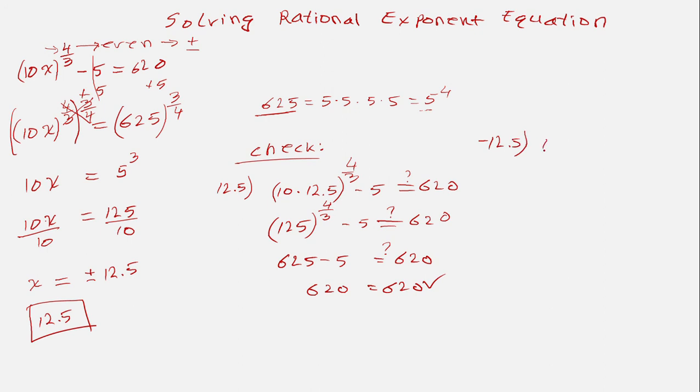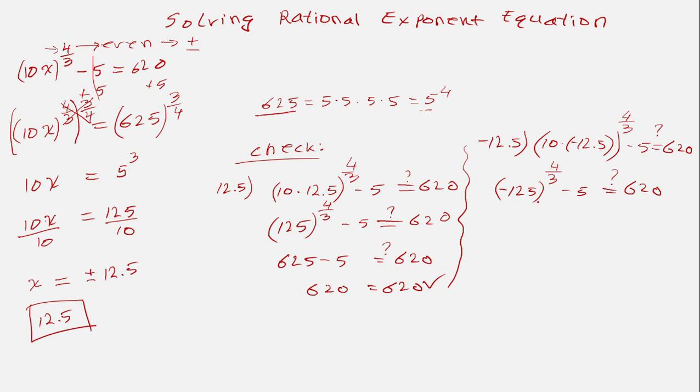So we plug it in, so we get 10 times negative 12.5, all of that raised to 4 over 3, minus 5, and again we are checking if that's equal to 620. So 10 times negative 12.5 is negative 125, and that's raised to 4 over 3. Take away 5, is it equal to 620?